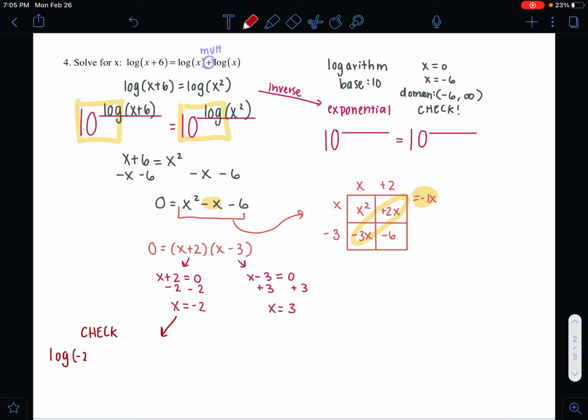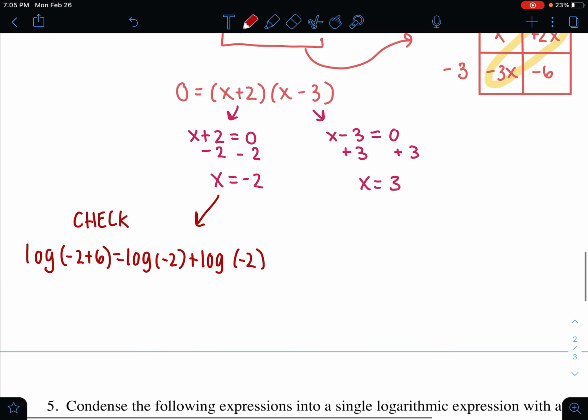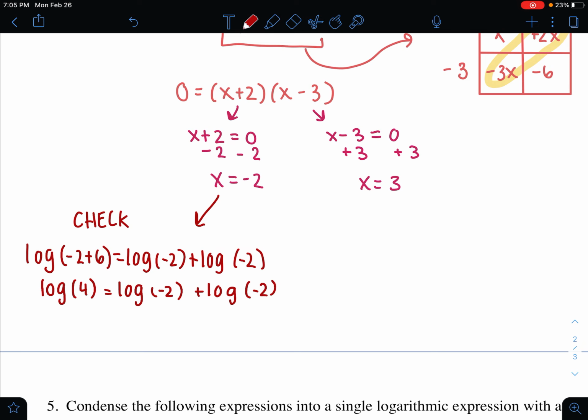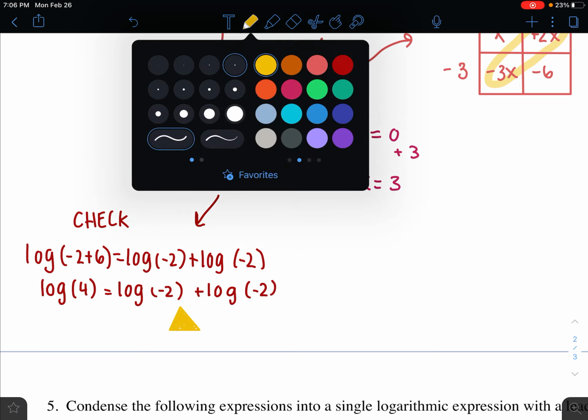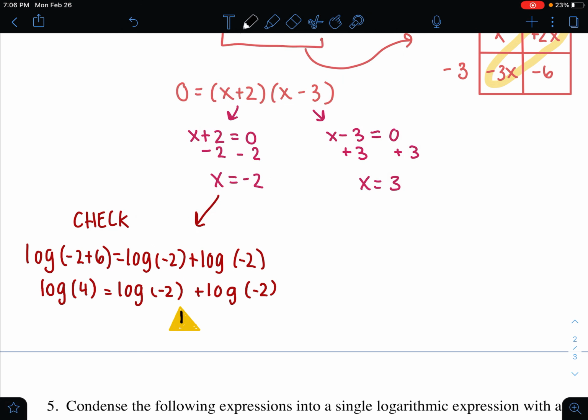So if I check -2, we have log of -2 plus 6 equals log of -2 plus log of -2. Automatically here, I see that we have negative arguments, which means caution.